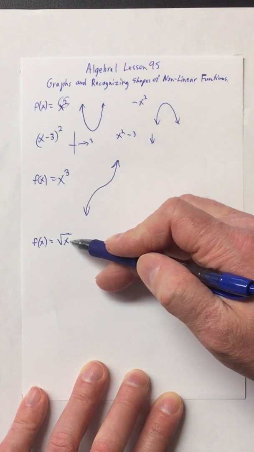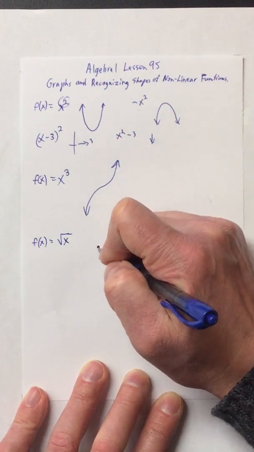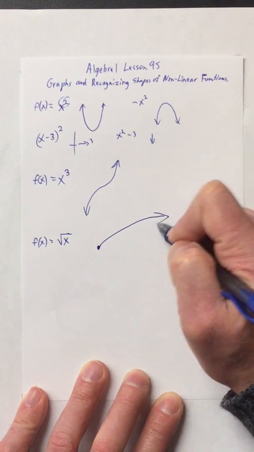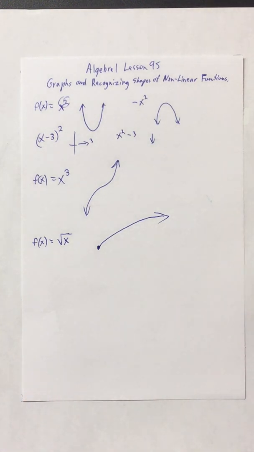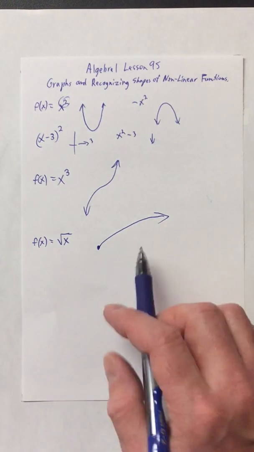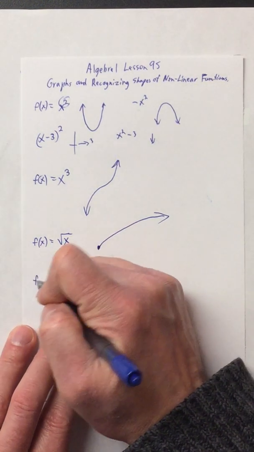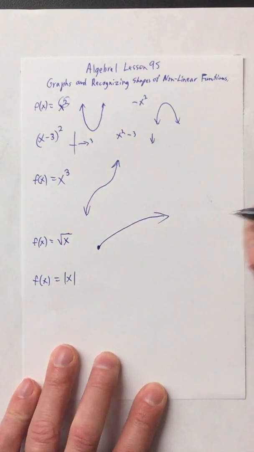Well, we know that inside the square root cannot be a negative number, and so that actually looks like it's a distinct starting spot, and then it goes up in a certain direction there. And it shows you the different things, how it'll adjust according to what you do to that, but you're just identifying the shape.